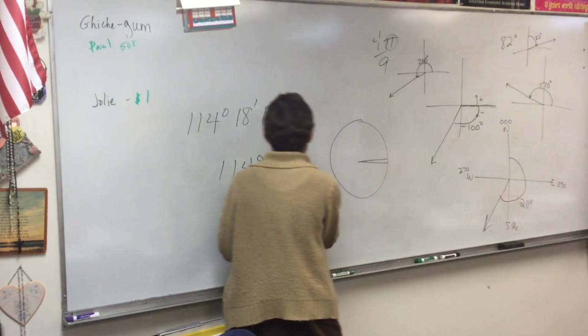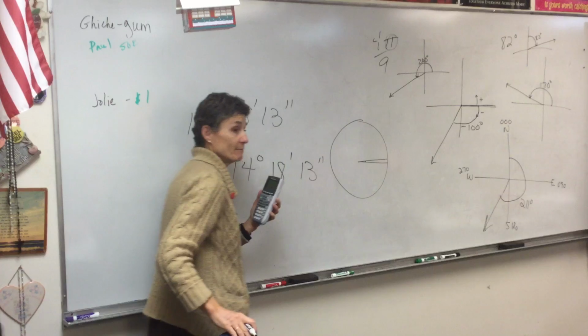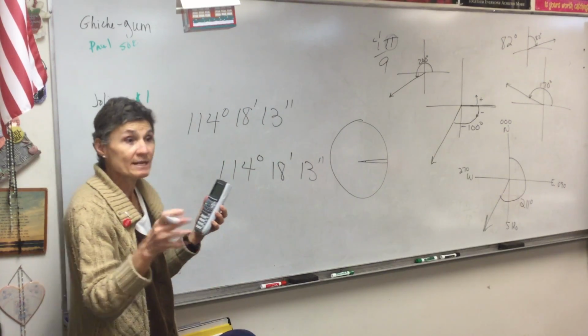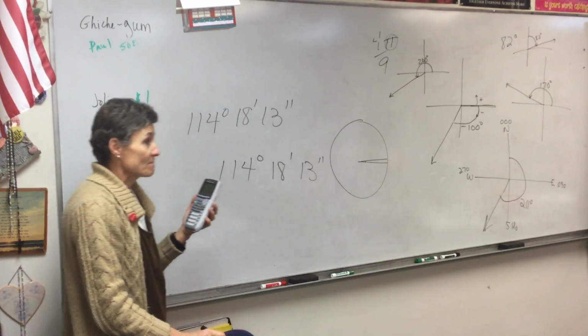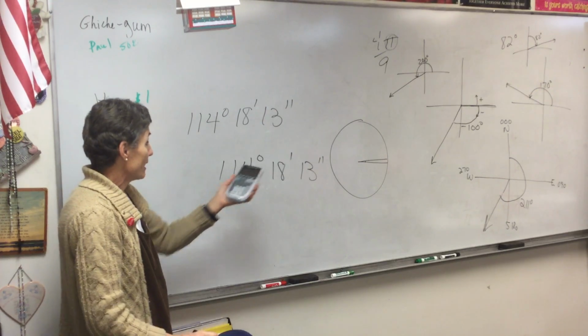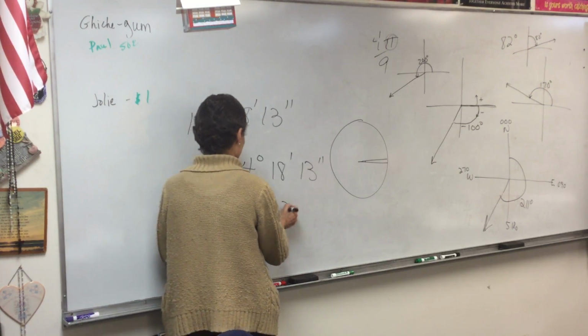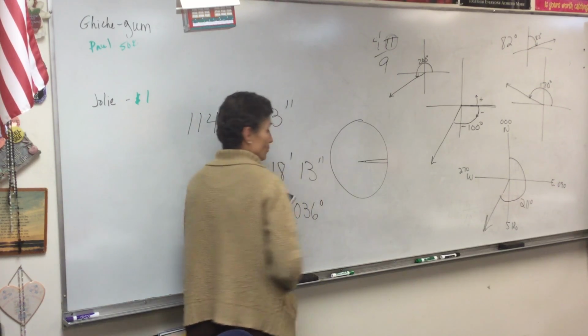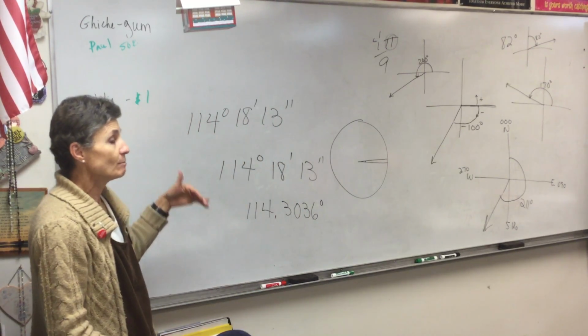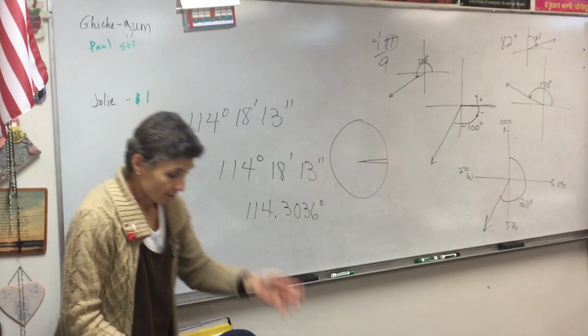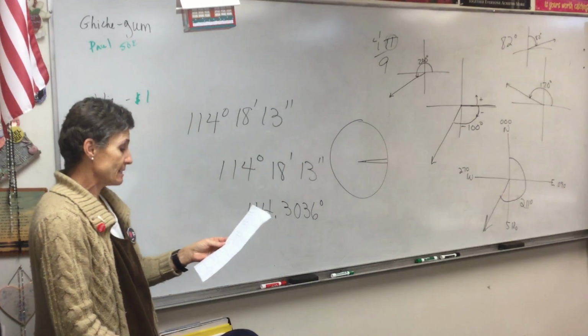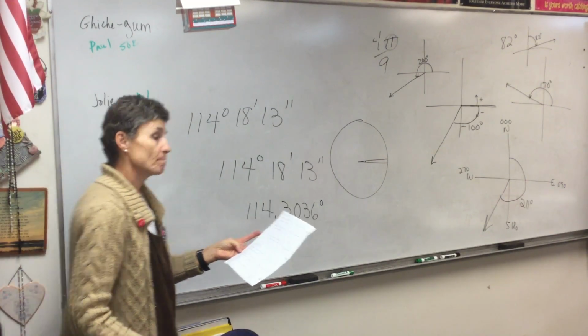See it? Above your plus sign, it's in green. So to get the green things, you do alpha. So alpha plus, and there it is. Now press enter. And it says 114.3036 degrees. So there's the decimal degree for 114 degrees, 18 minutes, 13 seconds.